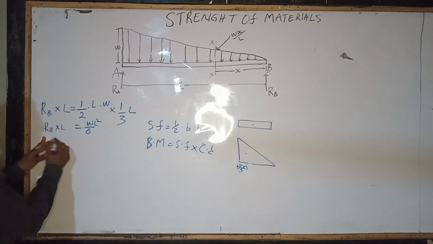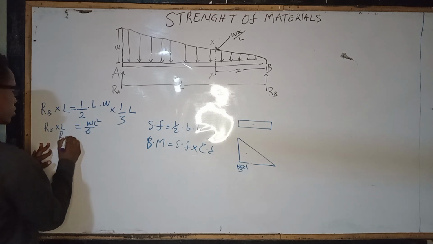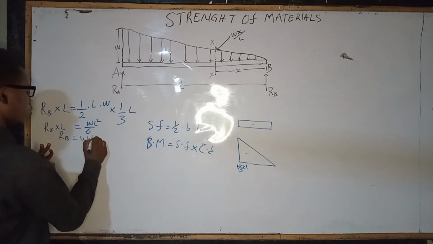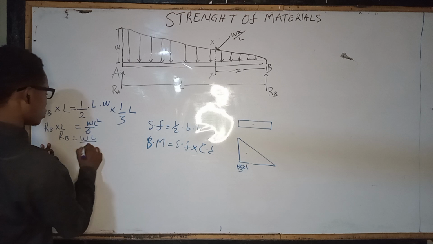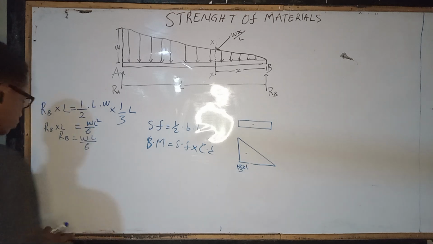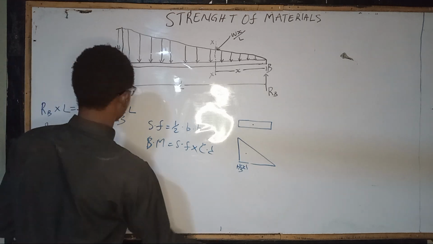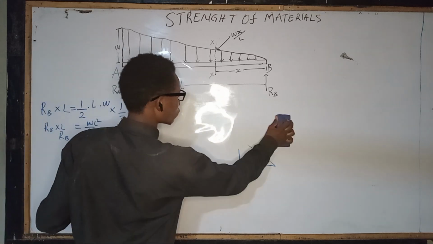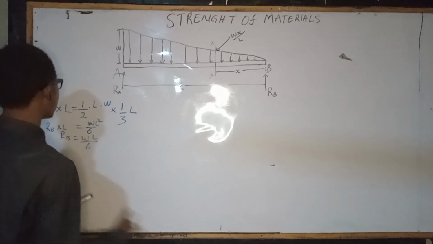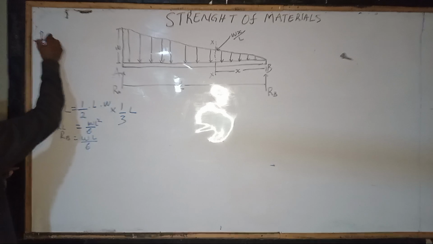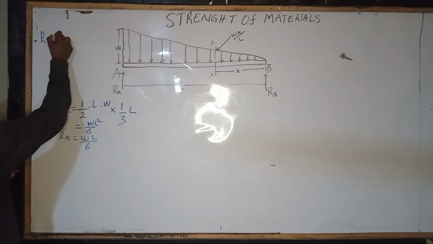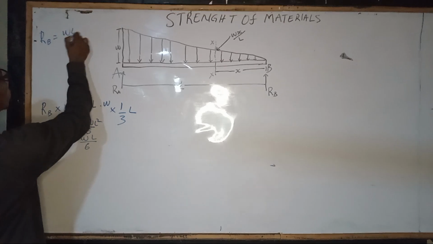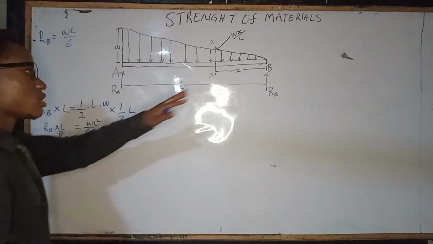If you divide both sides by L, we have our RB equal to WL over 6. So we are getting our RB.